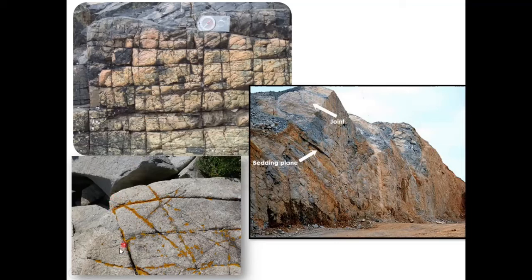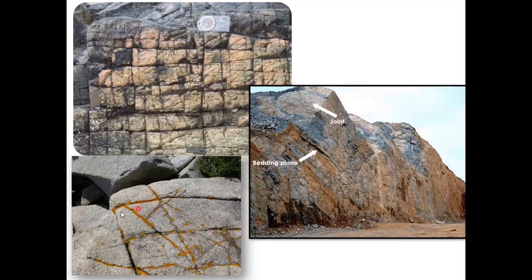So we have these perfectly perpendicular two sets, one direction here, another direction here. And now we have these other fractures oriented in this direction, and in this direction. So these are 1, 2, 3, maybe even more. This is just a piece of outcrop.